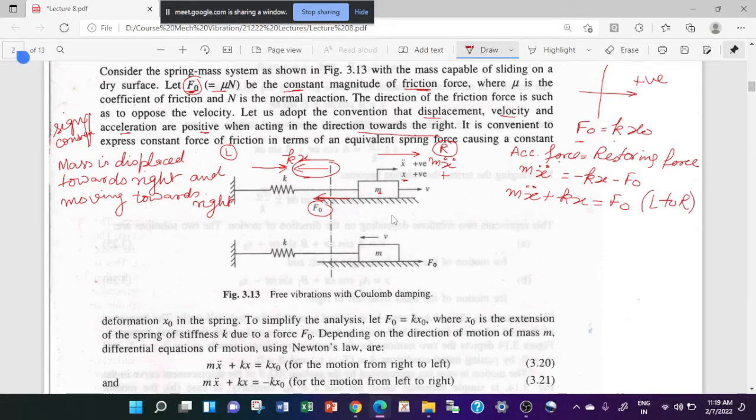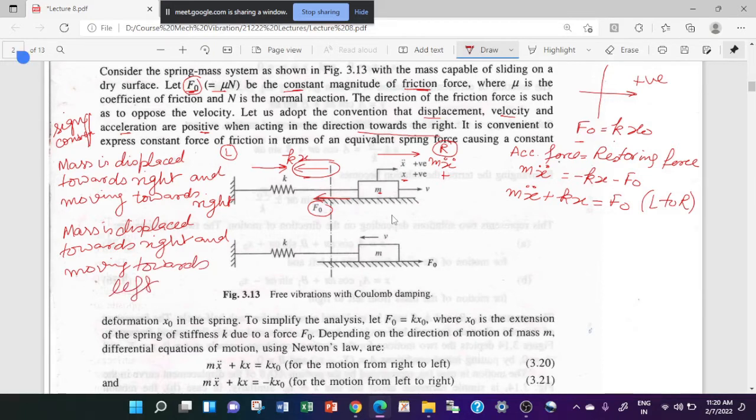Now in the second case, suppose the mass is displaced towards right and moving towards left.